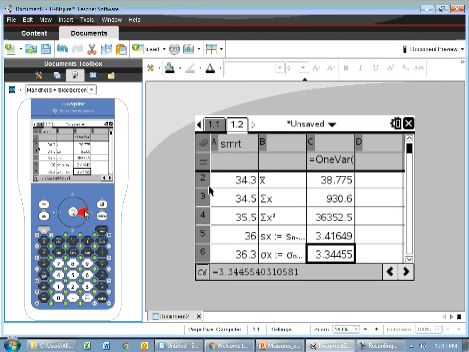For every set of data that you type in, it's going to give you a sample standard deviation and a population standard deviation. It's your job to know when you're looking at a sample or population so you know which one to use. So in this case, which one do we need? We need a sample because we're looking at this information on miles per gallon. So we're going to use, of course, the S, not the sigma, for our standard deviation.